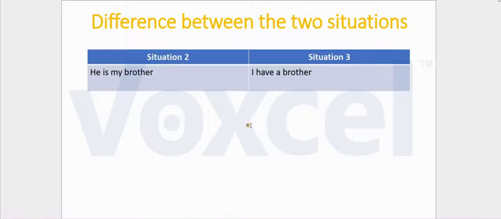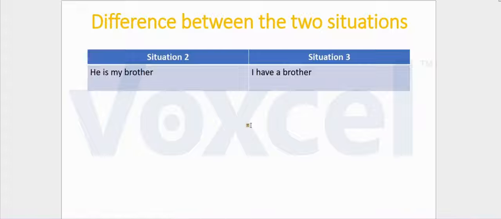Now, when you say he is my brother, or when you say I have a brother, you will say he is my brother when your brother is present with you, right by your side. So your brother is standing beside you and you are introducing him, so you will say he is my brother. And situation number 2 is present tense, a present situation.